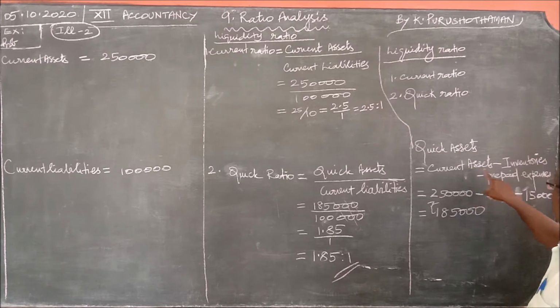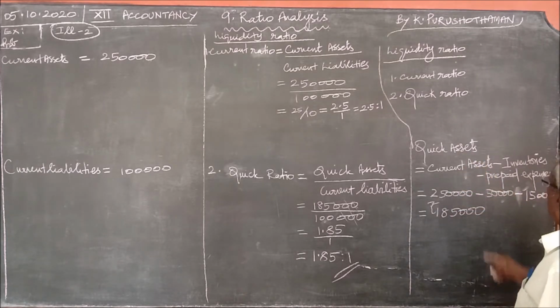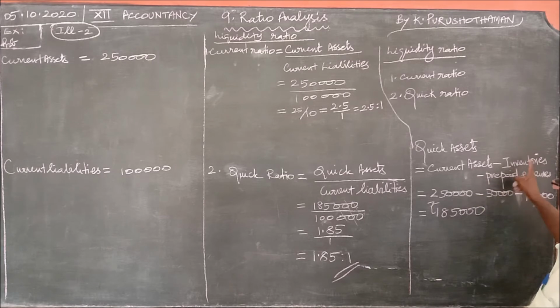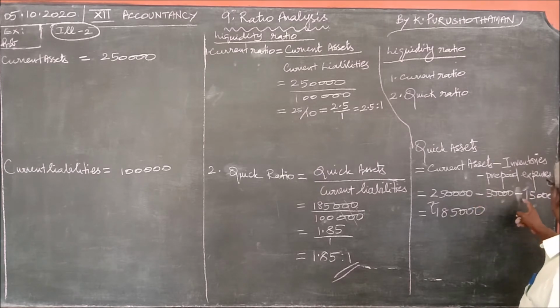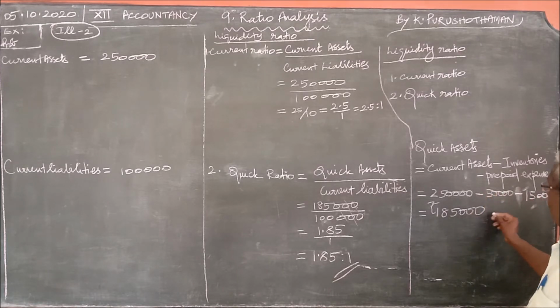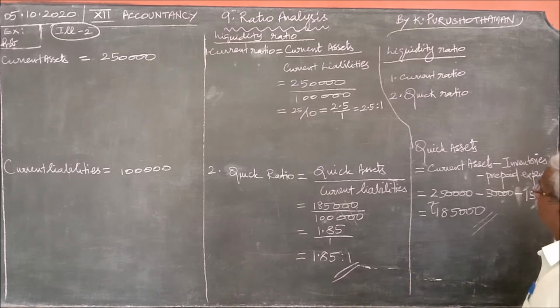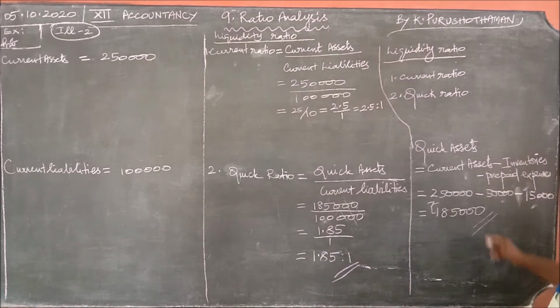From the current assets minus inventories minus prepaid expenses. Therefore, 2,50,000 minus inventory 50,000 and prepaid expenses 15,000, it will come to 1,85,000. So we have found out quick assets.